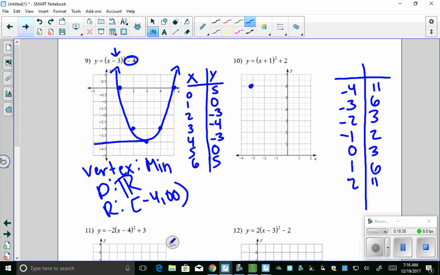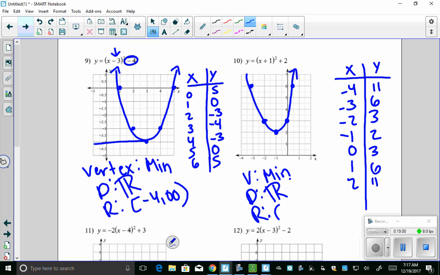Plug in your points. Vertex is a minimum. Domain is all real numbers. Range is 2, infinity.